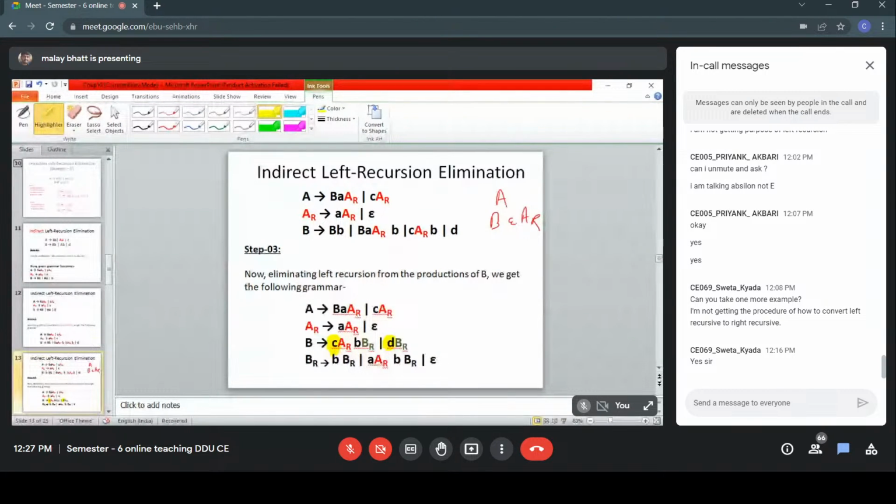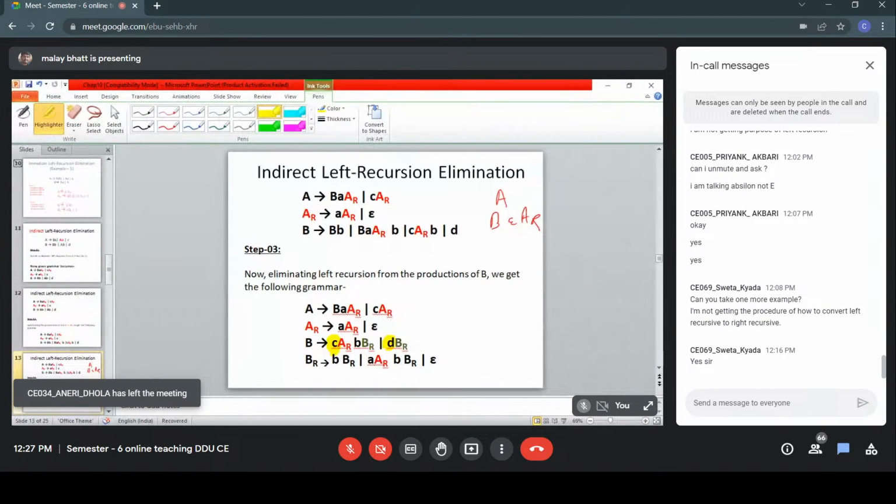One is capital B, another is small c. If my requirement is small c as a first symbol in the derivation process, I will go for the second alternative because it is clearly giving me c and we can proceed. If I don't want small c as a first symbol, then I will go for the other alternative B.